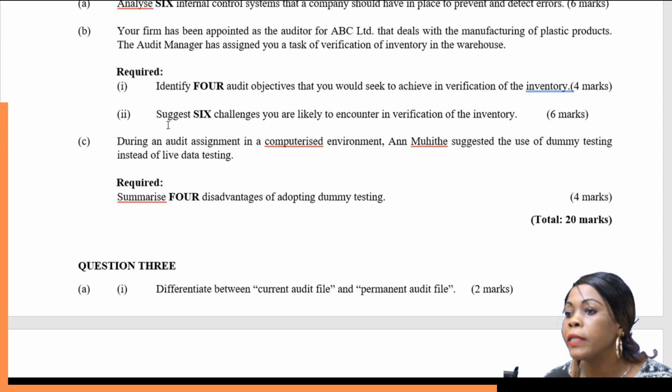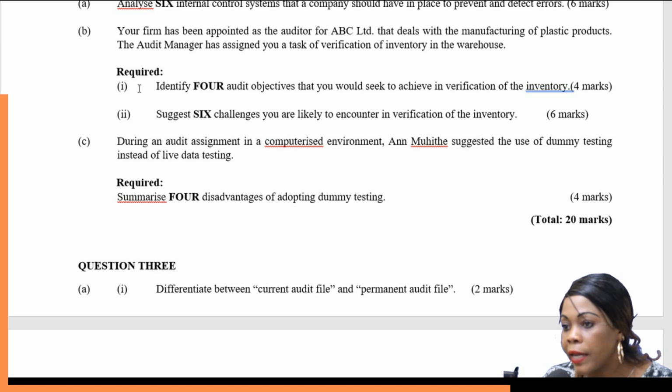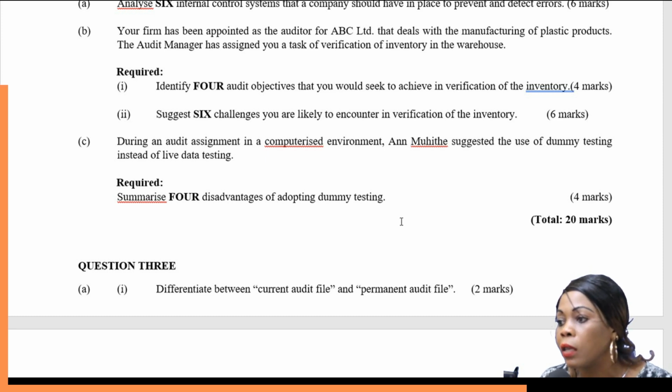The audit manager has assigned you a task of verification of inventory in the warehouse. The requirement: 1. Identify 4 audit objectives that you will seek to achieve in verification of inventory.